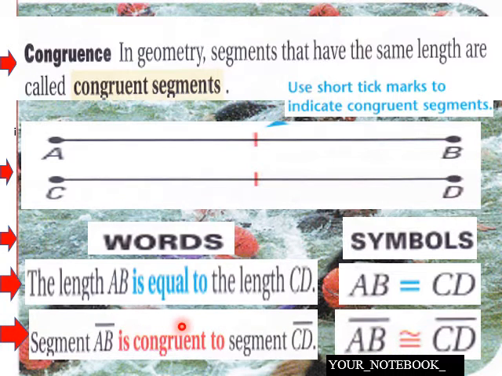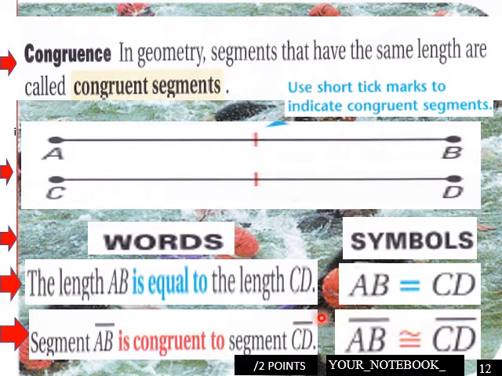Segment AB is congruent to segment CD, and the mathematical symbology for that would be an equal sign with a tilde. This is called a tilde up here over an equal sign. Line segment AB is congruent to line segment CD here. That is slide 10.